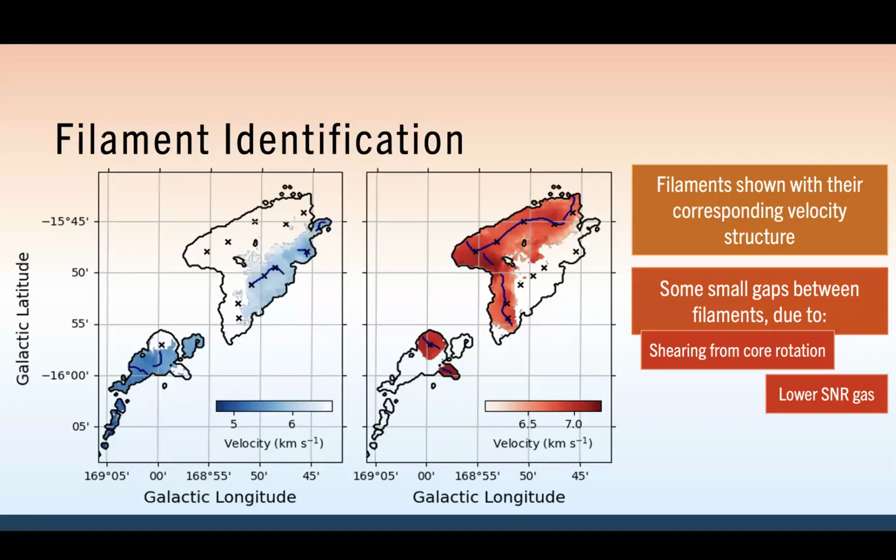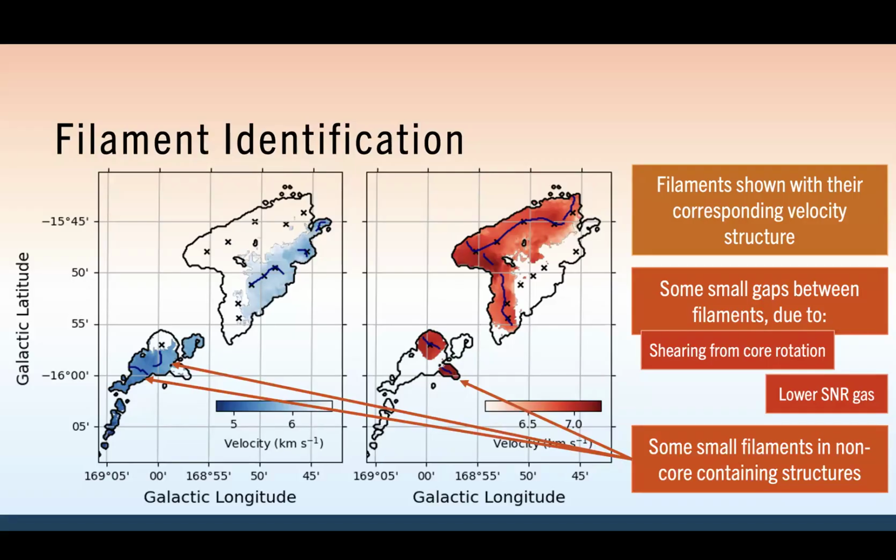There's also a small one here. Now, some of these could come from shearing from gas rotating in cores, or they could just be crossing a gap where there is lower signal to noise ratio gas due to lower density gas, oftentimes in between these cores.